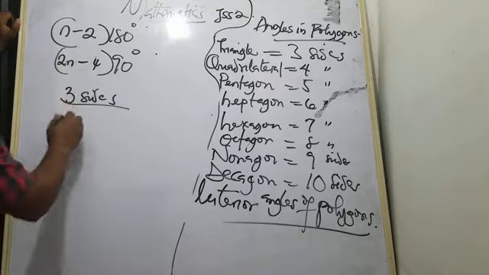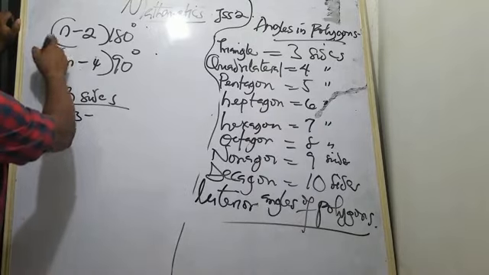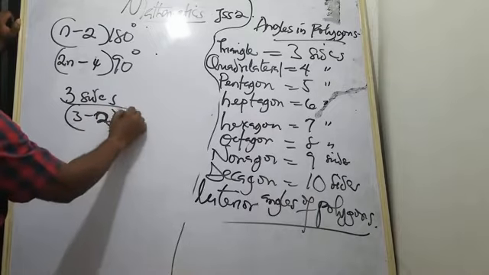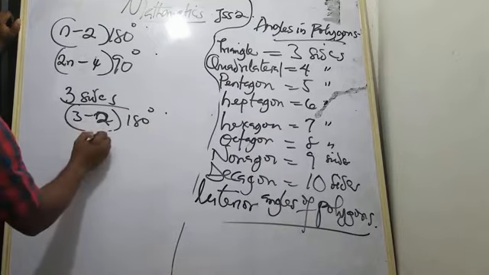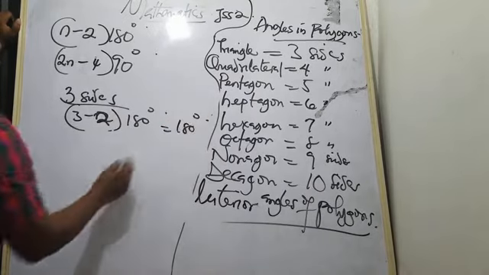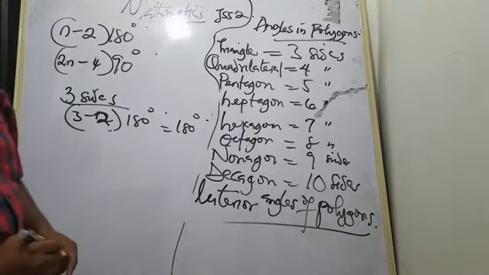A triangle has 3 sides. You have 3 minus 2, times 180 degrees. So what do we have? 3 minus 2 is 1. 1 times 180 is 180 degrees. So that is how we got the sum of angles in the triangle.